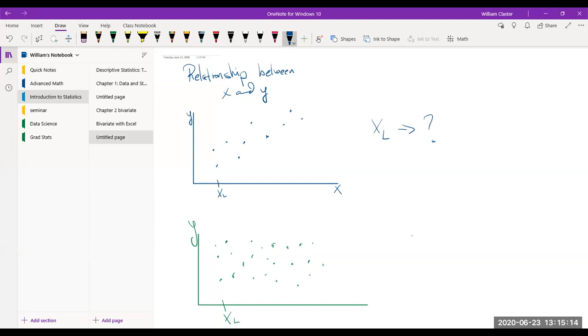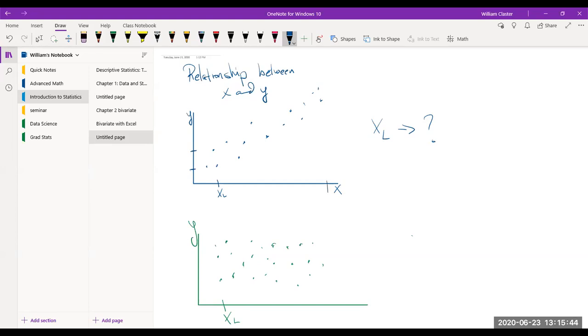I guess you can say if X is low, you can see where Y starts off when X is low. So does Y start off from the very bottom of the graph? Does it already start high in the graph? Yeah. So what I mean by that question is, if I know that X is low, then I have a pretty good idea that Y is going to be between here and here. In other words, Y is fairly low also, right?